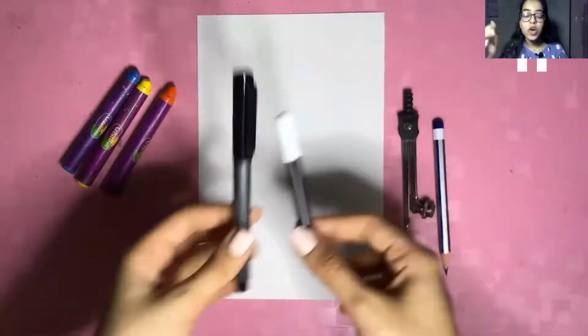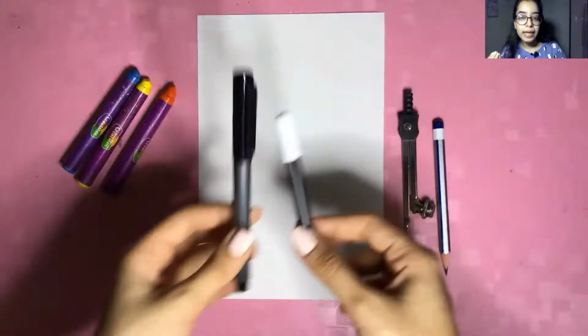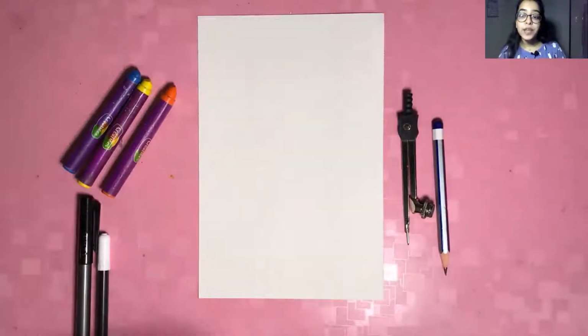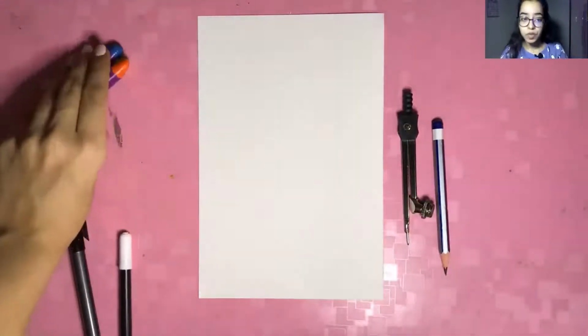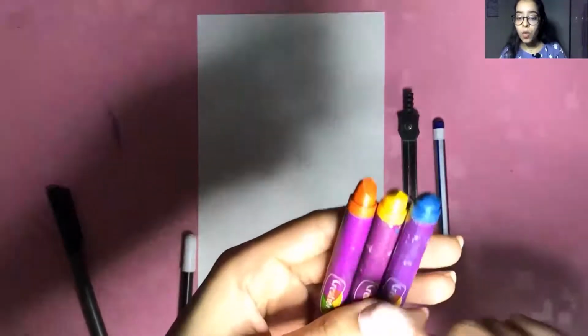So I'm giving you these options: either a ball pen, a gel pen, or a sketch pen with black ink. In case you don't have black ink, you can use any other colored sketch pen available. And finally, number 5, we need some crayons. We precisely need only 3 shades of these crayons: blue, yellow, and orange.